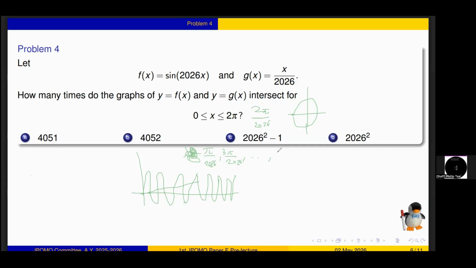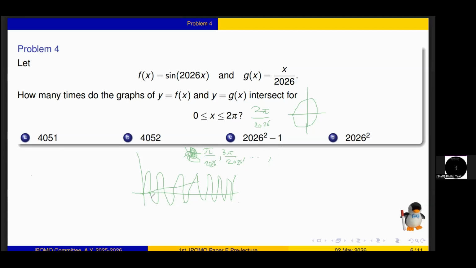But pi is irrational, so it's not really easy. Let's go to the other part first.